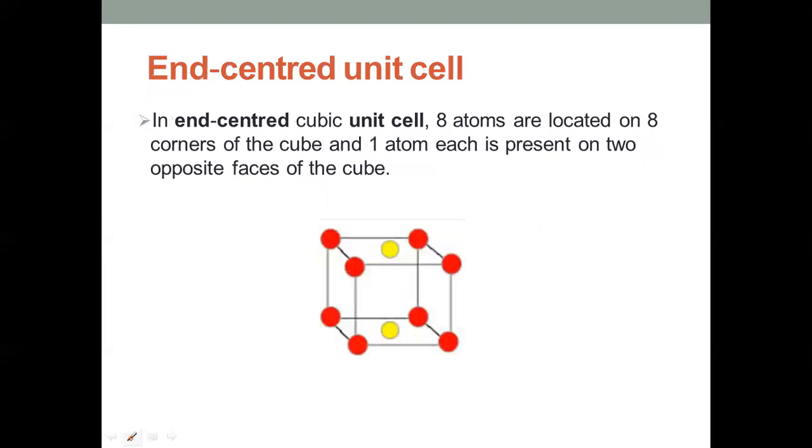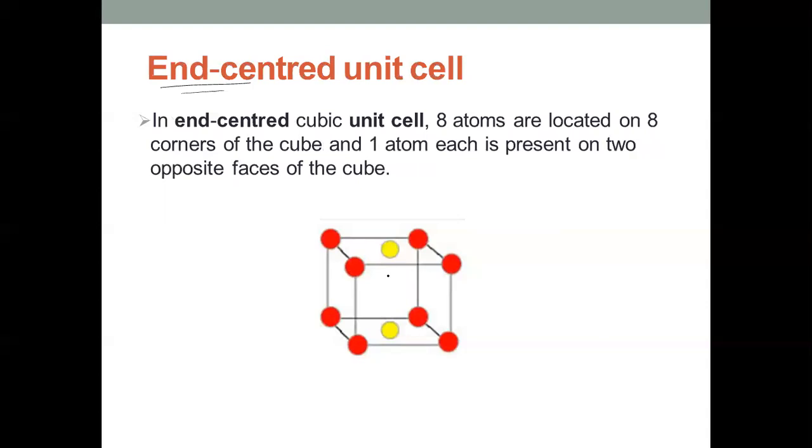And the last one is the end-centered unit cell. In this, in addition to the atoms, ions, or molecules present at the 8 corners, we also have 2 present at the centers of any 2 opposite faces.